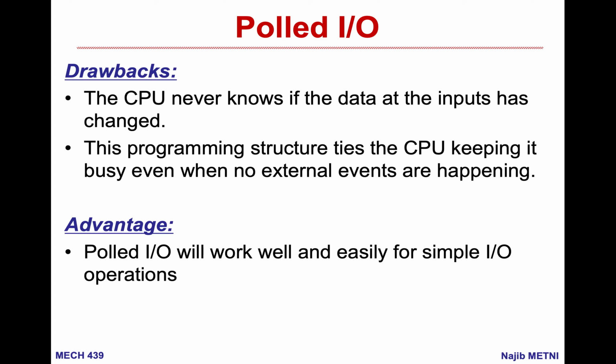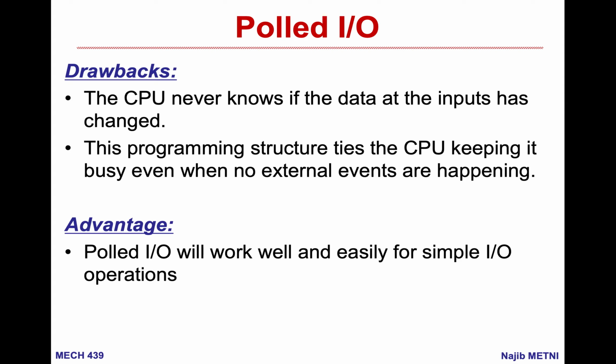So how can I test that the input has changed? In other terms, I am waiting for a switch to be pressed, and when this switch is pressed, the lamp or the LED should go on. But how can I know that the switch is pressed?